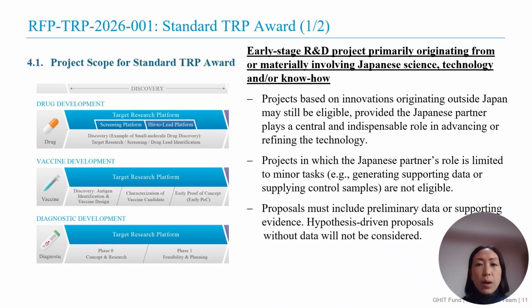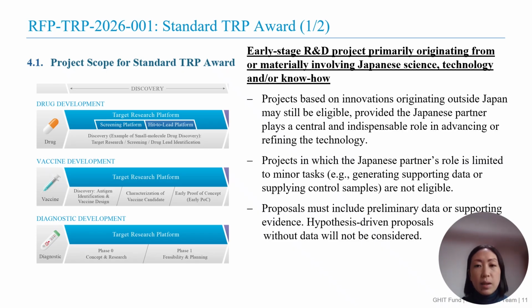Let us start from the Standard TRP Award, which is the main award within the TRP platform. This award supports early-stage research projects that originate from or materially involve Japanese science, technology, or know-how.